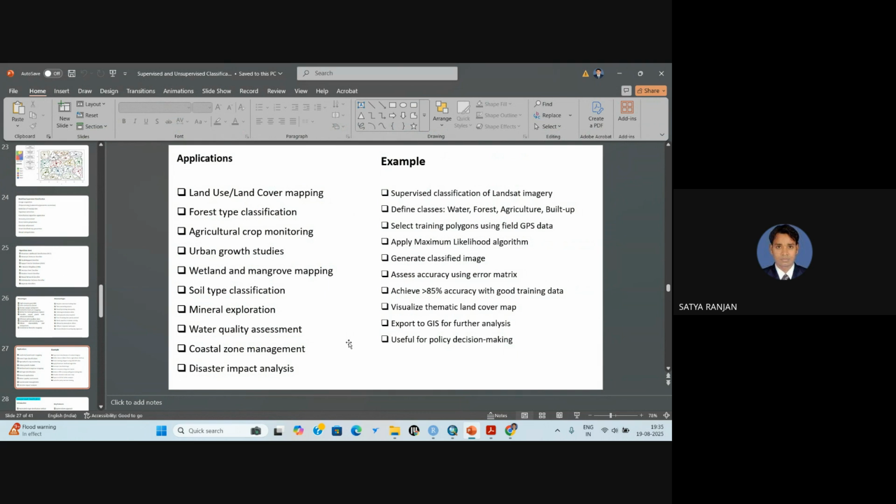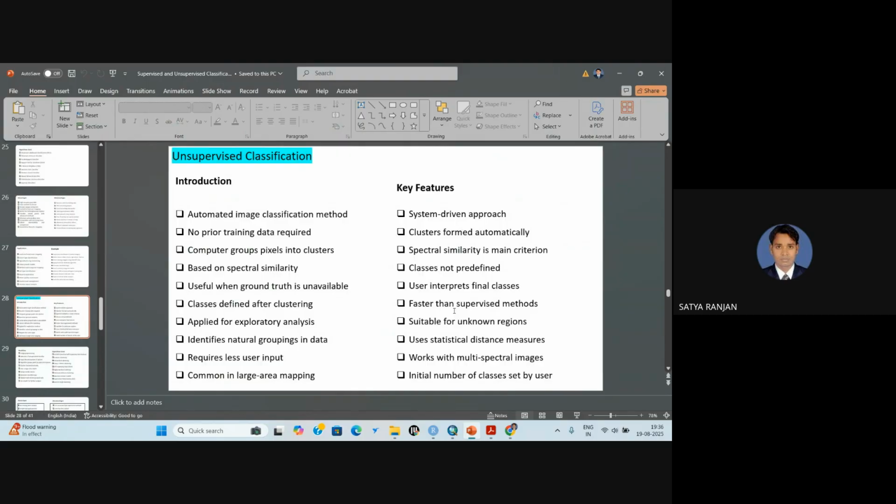They are very good accuracy images. So we can create supervised classification based on these images, and it gives quite good accuracy. But for a larger view and basic information, such as what the forest areas are and what the water bodies are, we can use Sentinel data and other data.